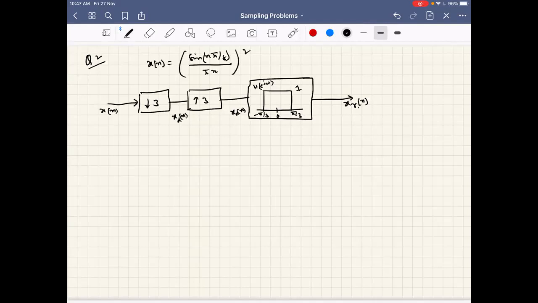So the question is, is xr of n equal to x of n? That is the question. Now tell me, how do we do it?